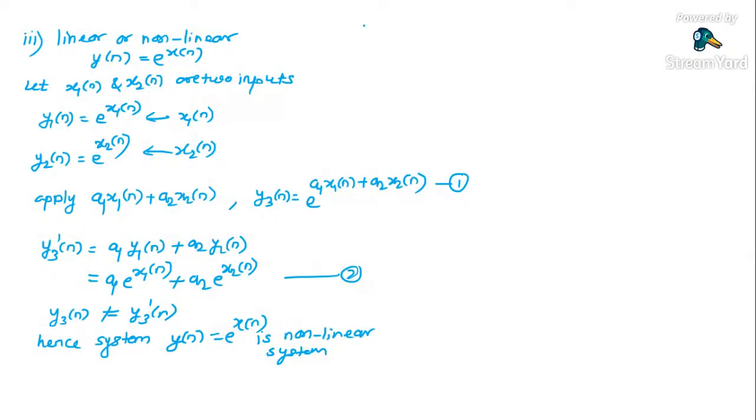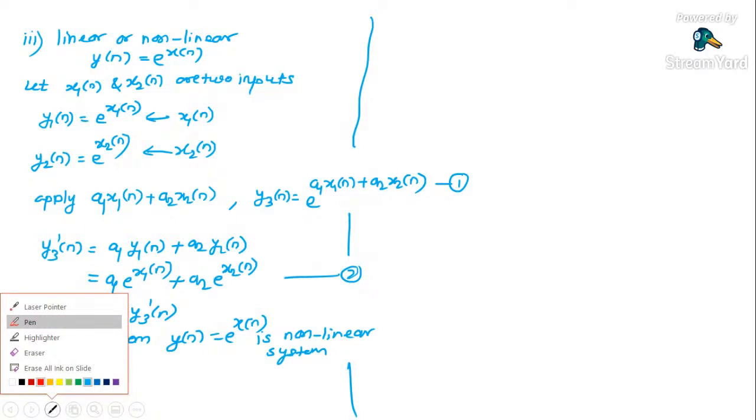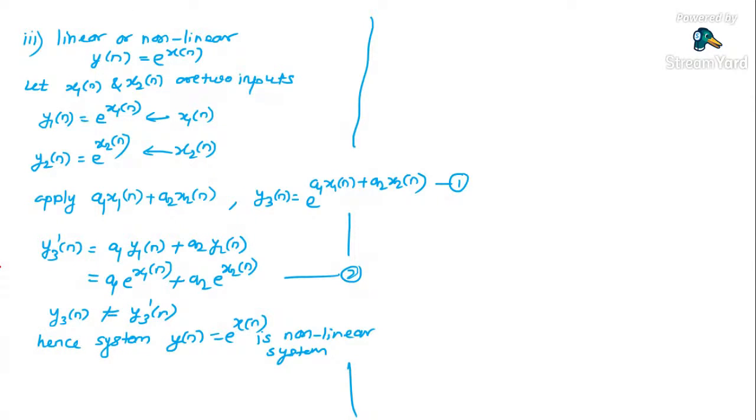You must solve it very carefully, whether it is linear or non-linear, and it is easy to find, but follow the same procedure for linearity and non-linearity. Then we'll go for the next, fourth, that is time variant, invariant.